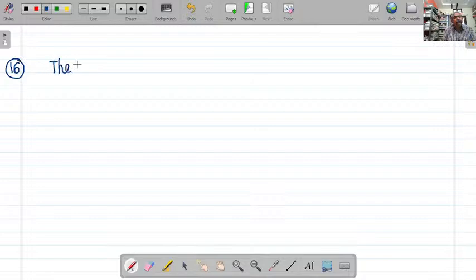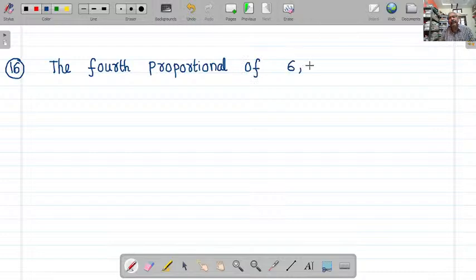The fourth proportional of 6, 8, 9 is. Options will be given.